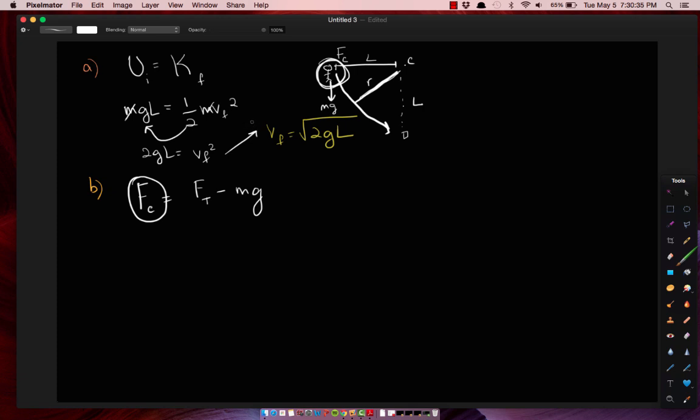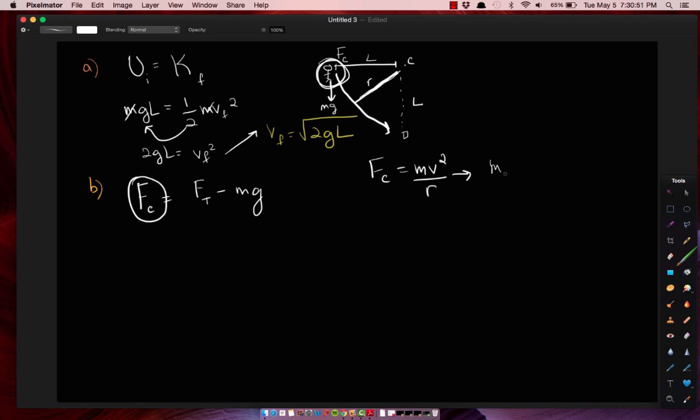So now we want to figure out what Fc is. And we know the formula for Fc is Fc is equal to mv squared over r. Now we're going to do some substituting here. As we saw in the last problem, our v is equal to the square root of 2gL.